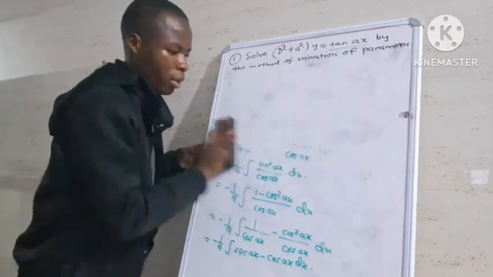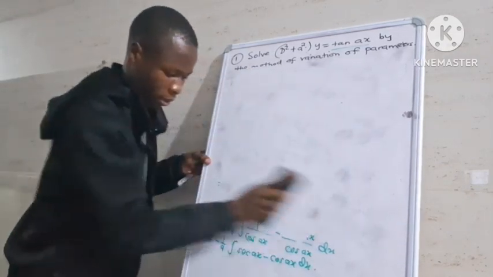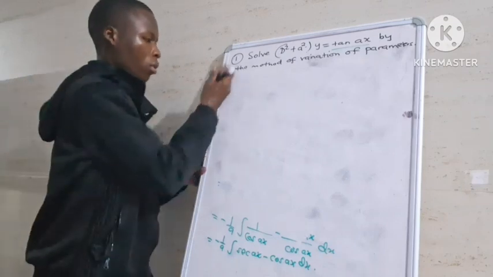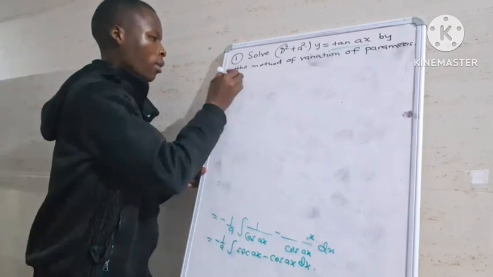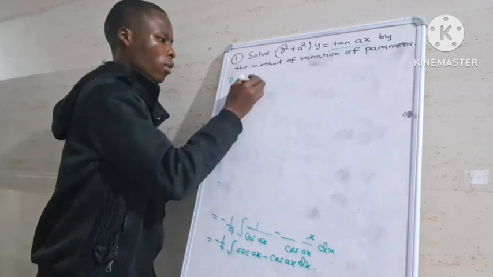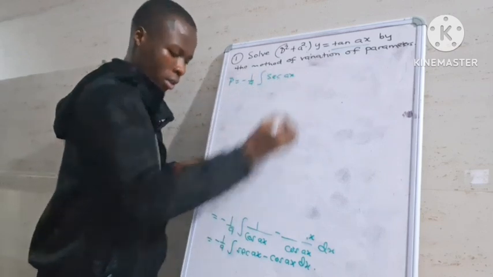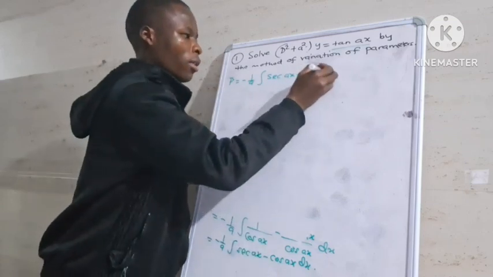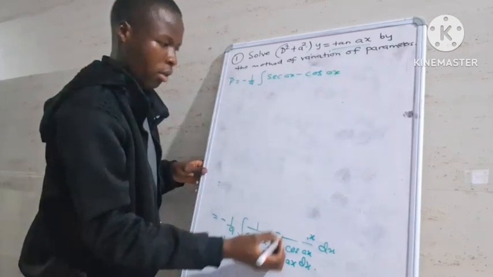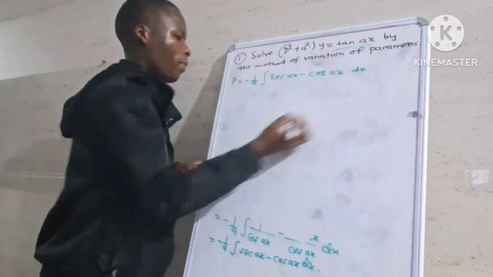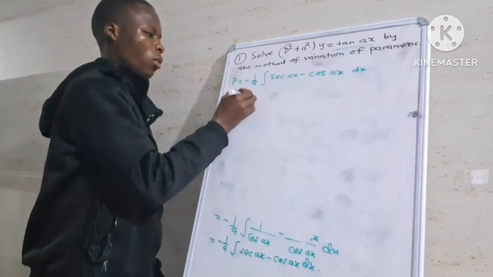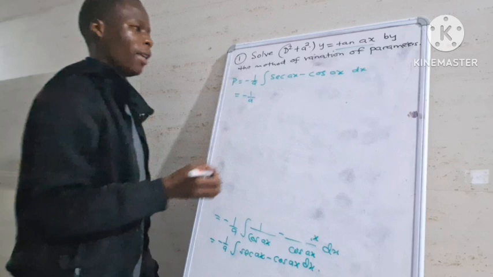So we want to integrate sec ax minus cos ax with respect to x. This is negative 1 by a.